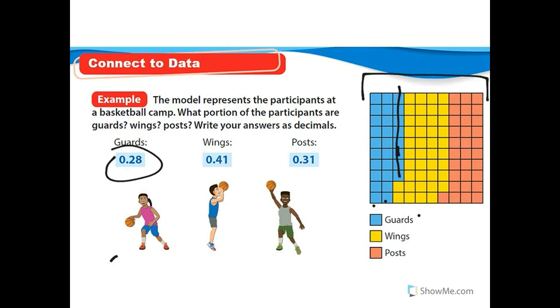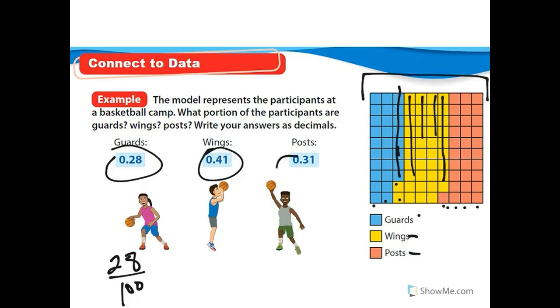If it was a fraction, it'd be 28 out of 100. Right? And then wings, it's 41, so 10, 20, 30, 39, 40, 41, so 41 out of 100, so 41 hundredths. And then posts would be 31, so 10, 20, 31, 31 hundredths.